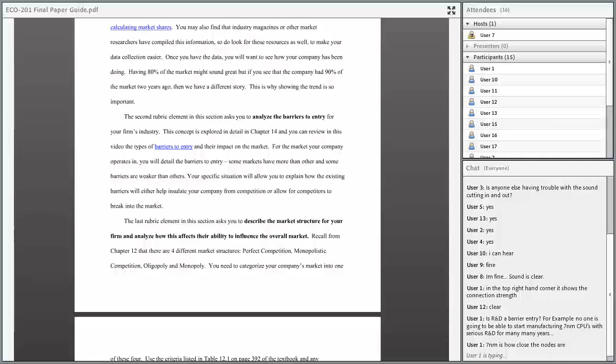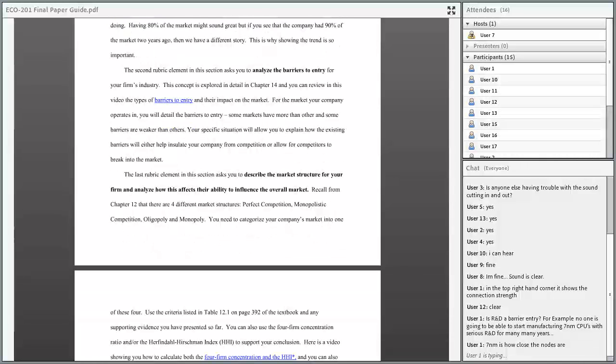I'm not sure which CPU you're referring to because I'm not very competent in the computer industry. But if someone has developed it and they don't have a patent, then some other company might develop it, and it can be a barrier to entry, or it cannot be.